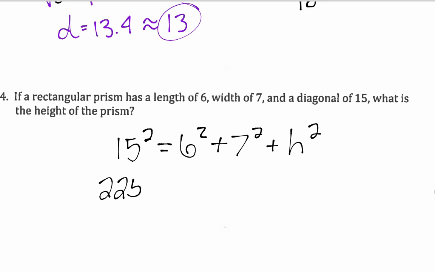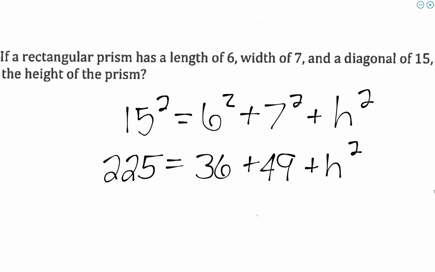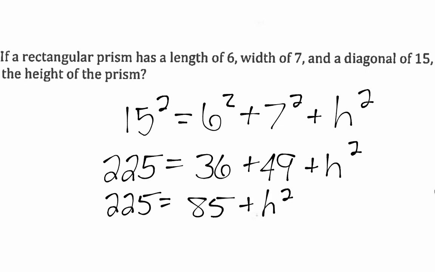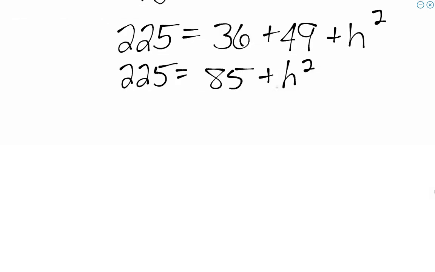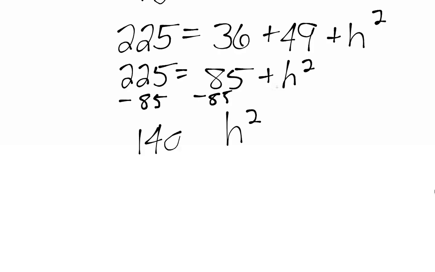So 225 equals 36 plus 49 plus h squared. 225 equals 85 plus h squared. I'm going to subtract 85 from both sides. That's 140.